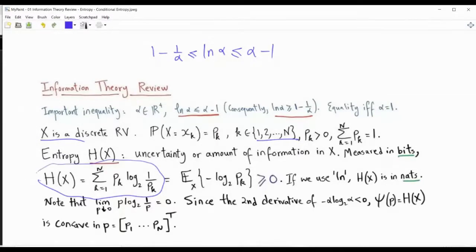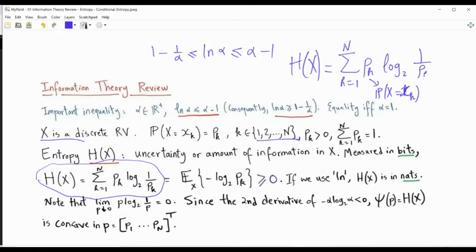Which is that if you have a discrete random variable that takes n values, then H of X is the summation over k from 1 to n of p_k, which is the probability that X takes the kth value, x_k, times the logarithm to the base 2 of 1 over p_k.